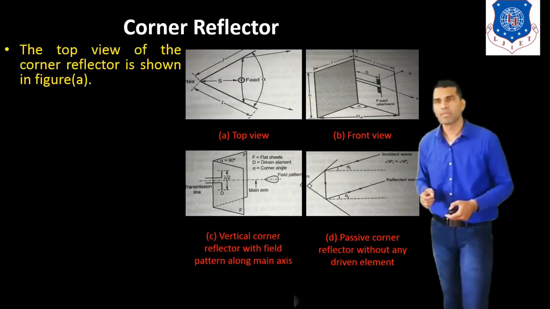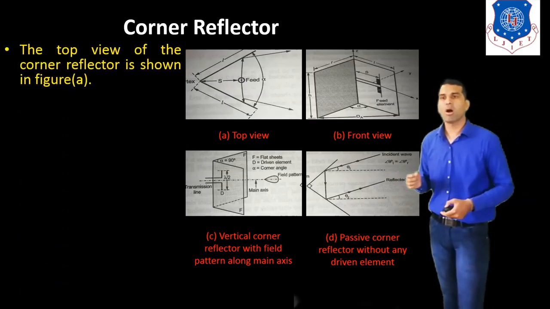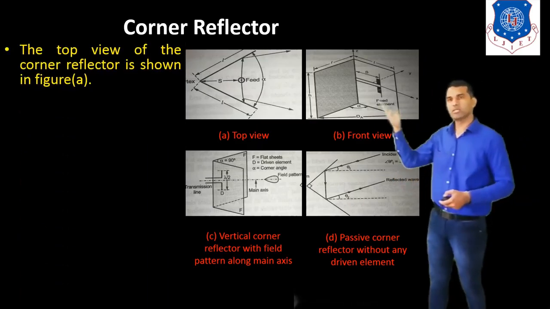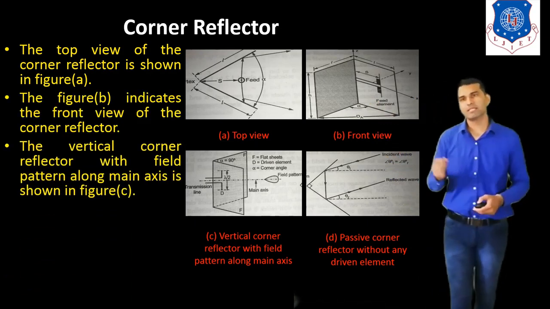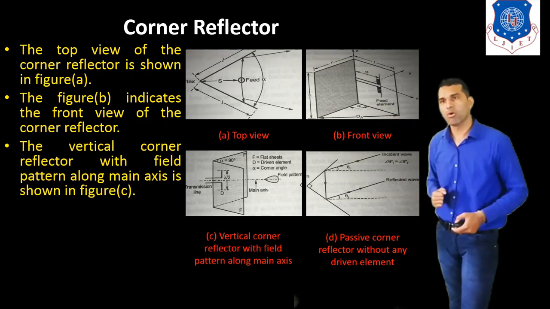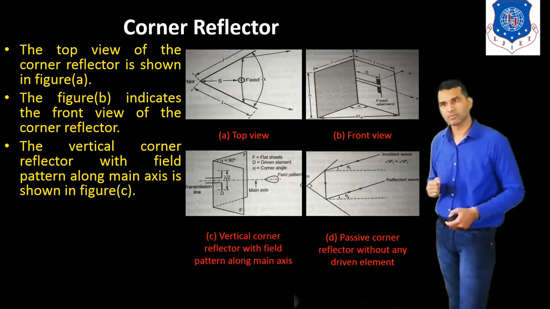Now, the top view of the corner reflector is shown in figure A. Figure B indicates the front view of the corner reflector.